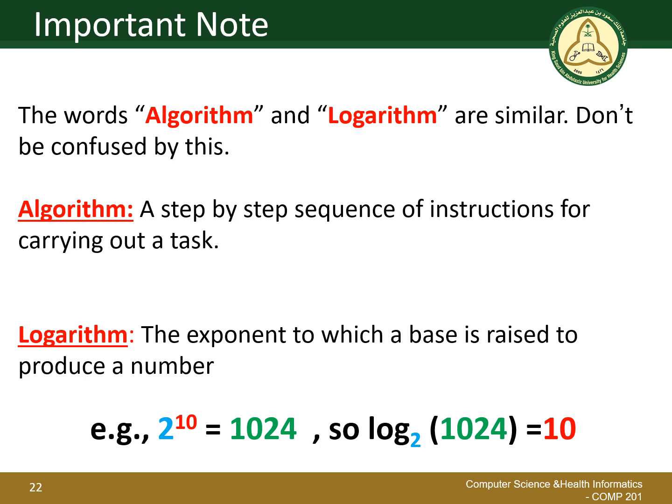Log 1024 to base 2 equals 10. ليه؟ لأنه 10 هو the exponent، الأس للأساس.